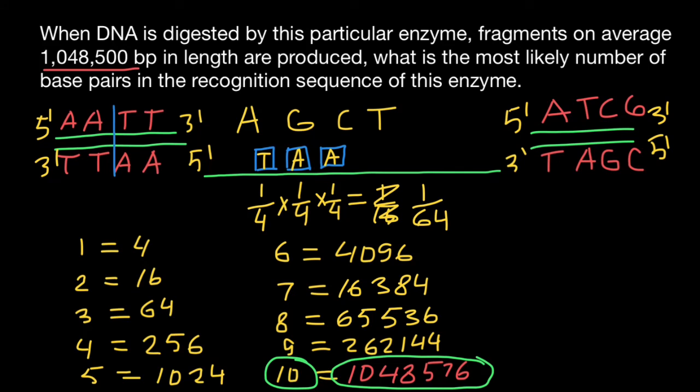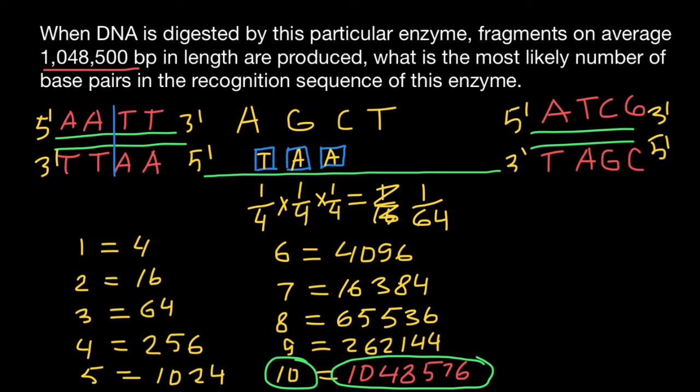And as you see, the sequence is not palindromic, because here we have ATCG and here we have CGAT, which is not the same. So in this case, we are going to have twice as many recognition sites for such a restriction endonuclease, and we have to multiply our answer by 2.